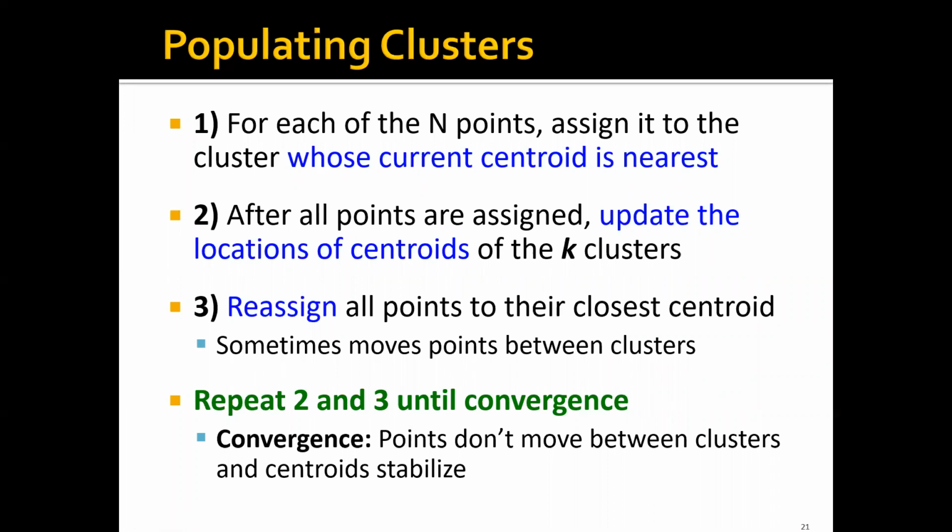And sometimes we may need to move the points between clusters. And obviously, we will need to repeat step 2 and step 3 until convergence. And what does it mean by convergence? Convergence means that the points don't move between clusters and the centroids stabilize.